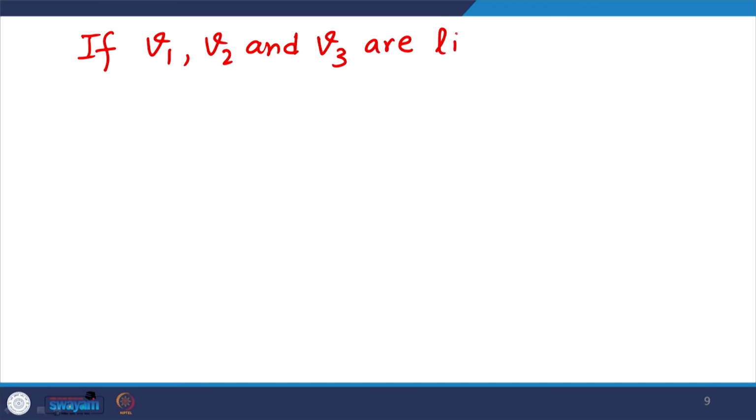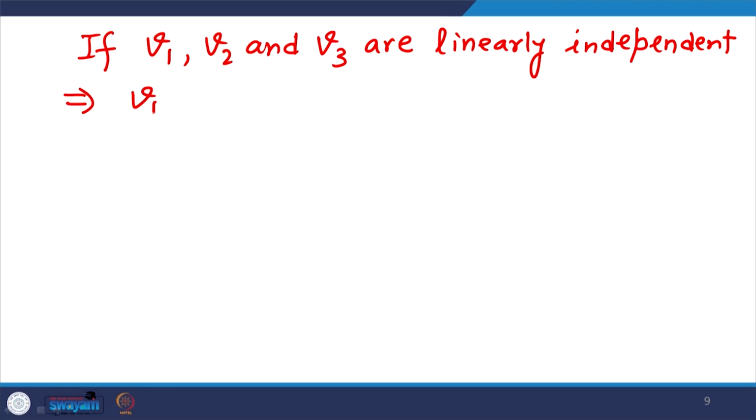One more important remark here: if v1, v2 and v3 are linearly independent, what is the geometric meaning of this sentence?